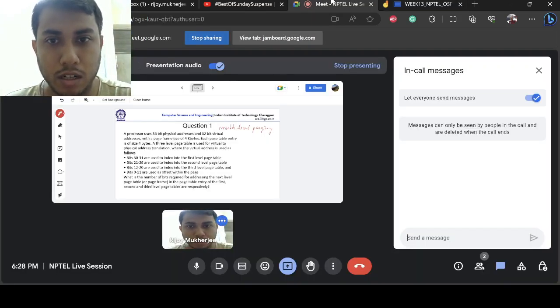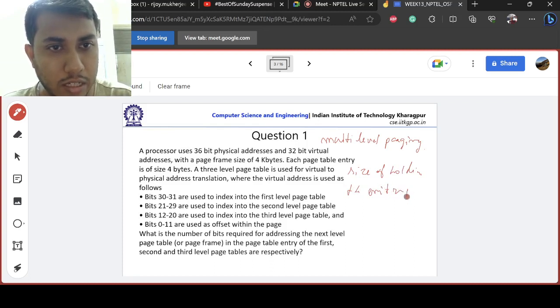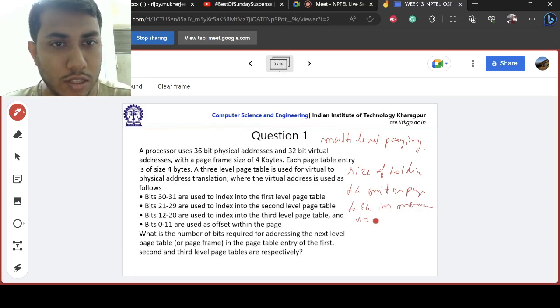If you remember, the reason we are doing multi-level paging is because holding the entire page table in memory is difficult.